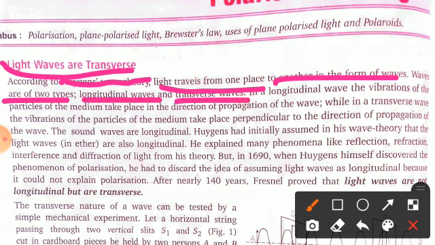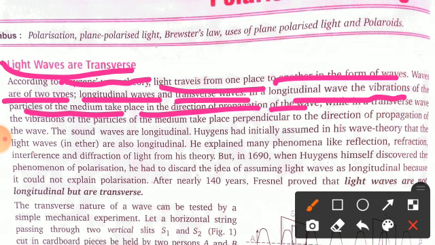In longitudinal waves, the vibrations of the particles of the medium take place in the direction of the propagation of the wave. While in transverse waves, the vibration of the particles of the medium takes place perpendicular to the direction of propagation of the wave. So the sound waves are longitudinal.